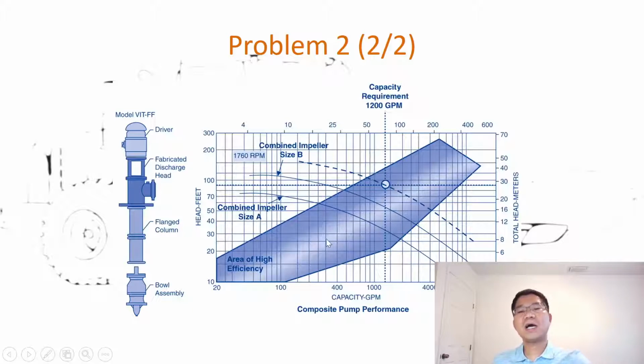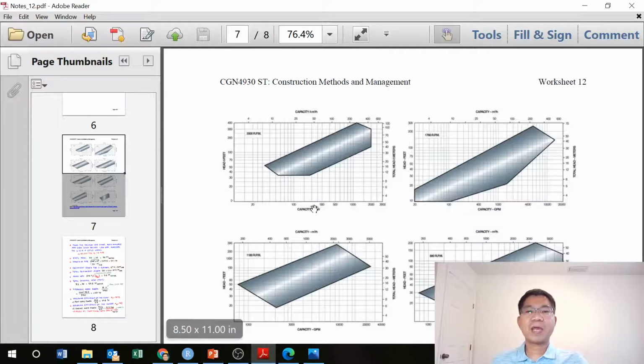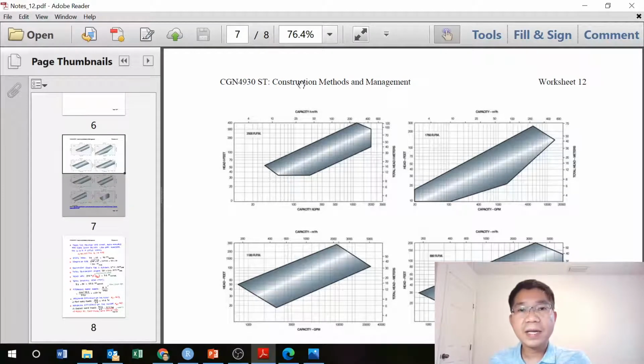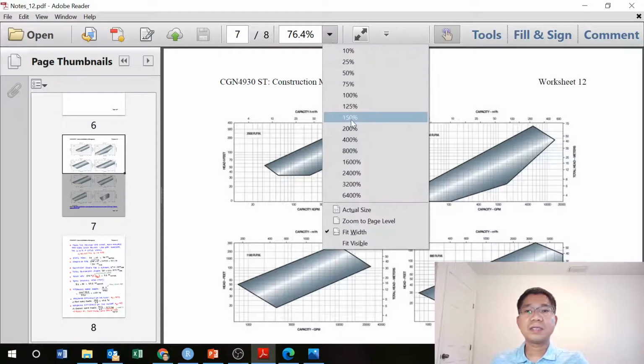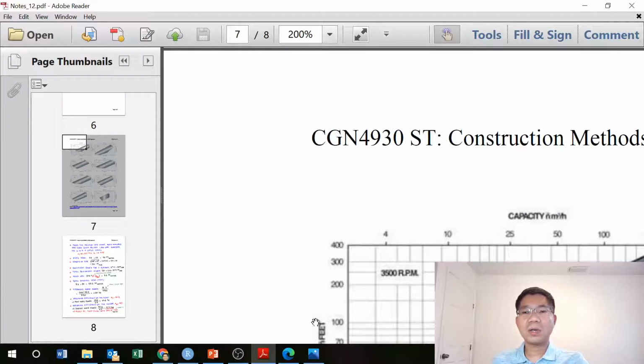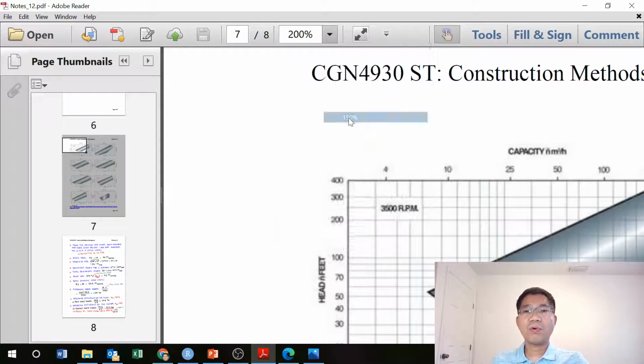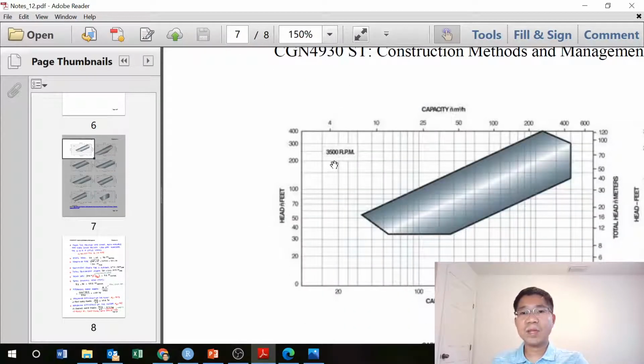You may select other pumps, other models. This one, as you can see, gives you an example that is not working for this pump. For example, this pump is 3500 RPM, so you have 1000, it will be here, and ours is 80 or something here.